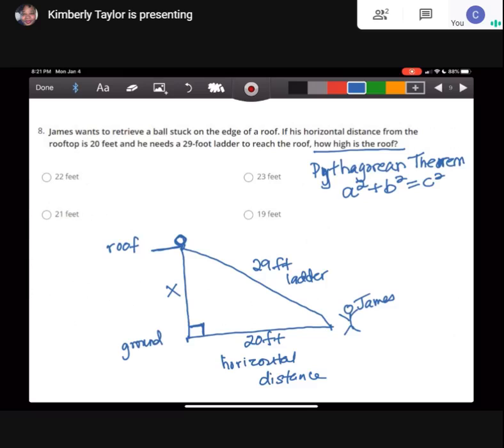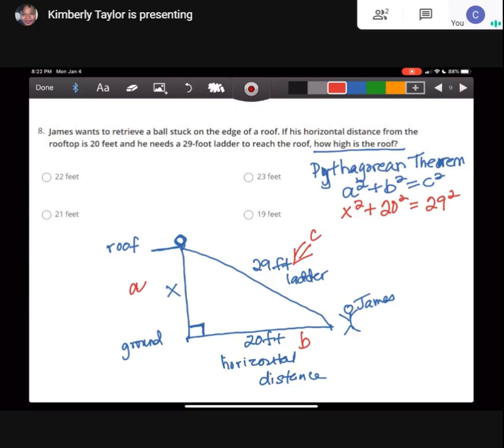So typically, if you were to label your pieces, your c would be your hypotenuse, and then you would have your a and your side b. So if we're going to label this, this would be x squared, my b would be 20 squared, and my c would be 29 squared.